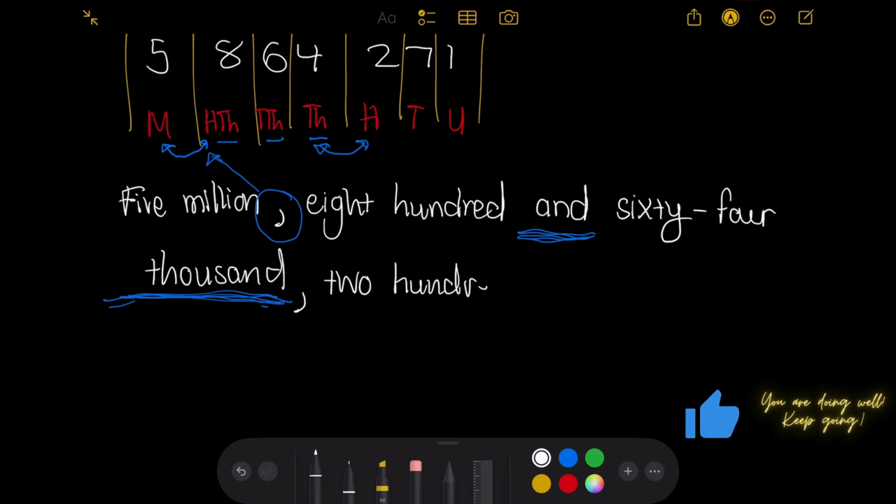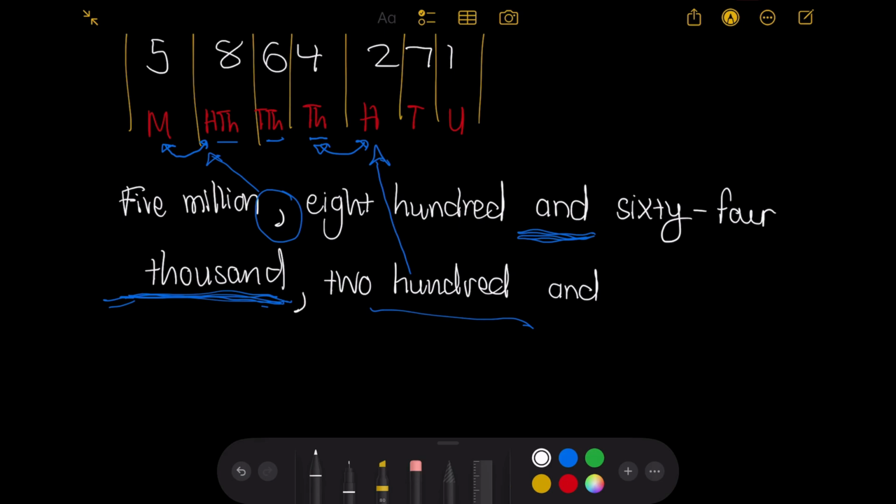200. Why is it 200? Because this 2 is being represented by the hundreds column, right? And then as we saw, any digits between 21 and 99, we express "and" 71. And of course we hyphenate.